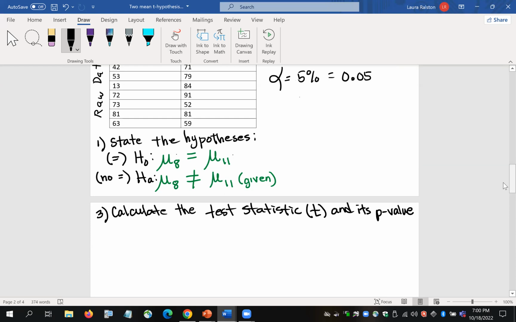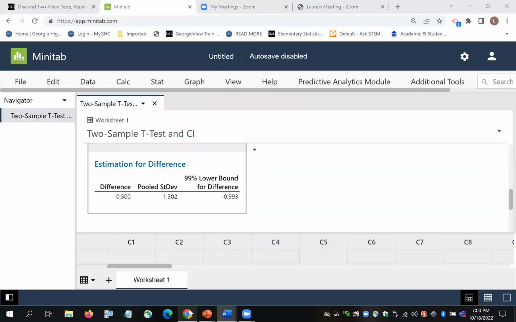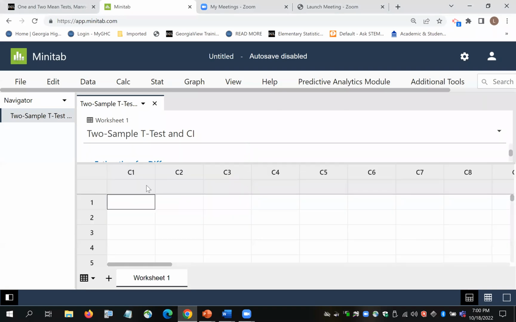This time, though, I do have to enter that raw data into Minitab. That's all the information I have, and so I have to use what I have. So in column 1, I would put the final exam score 8 a.m. In column 2, I can put the final exam score for the 11 a.m. And I would type the data in. Okay, let me get it here where I can see it.